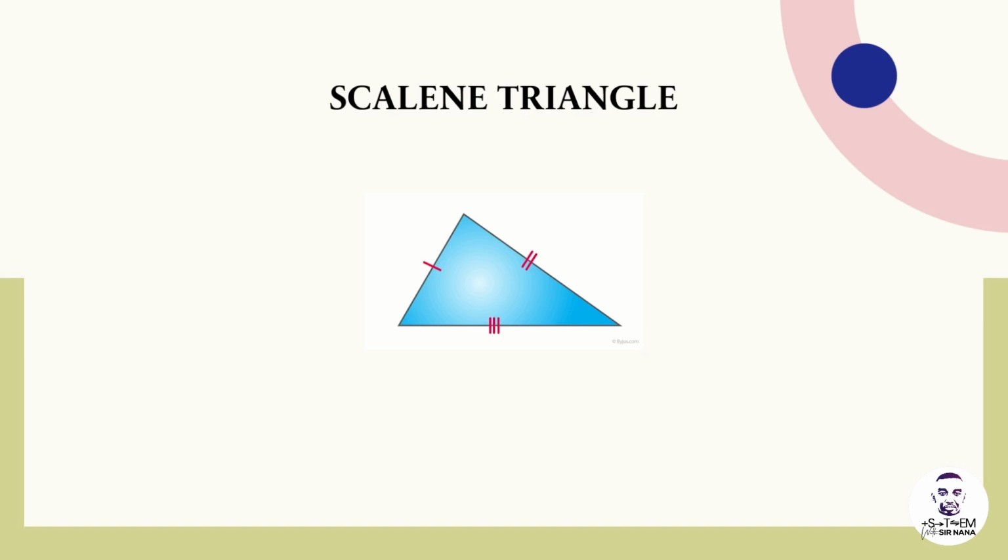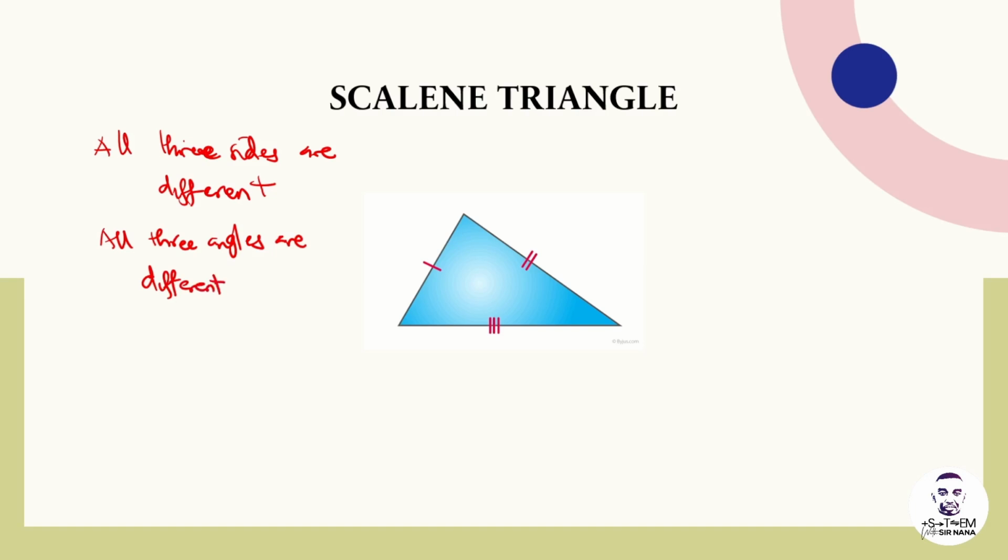Now let's consider a scalene triangle. So scalene has all its three sides different. So for scalene, all three sides are different, and it also implies that all three angles are different, right?